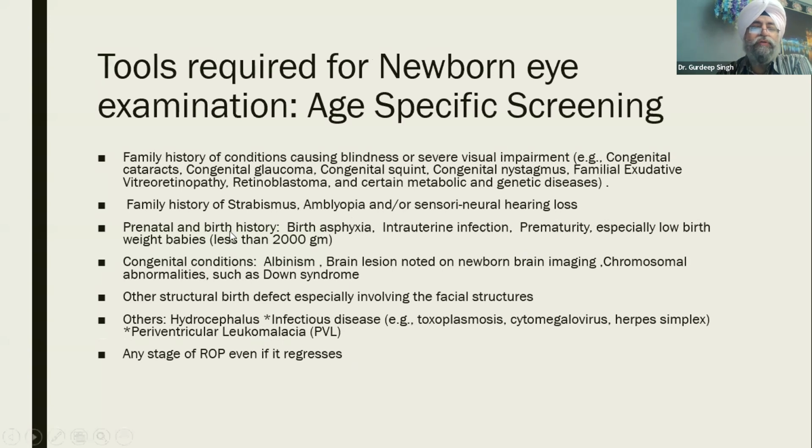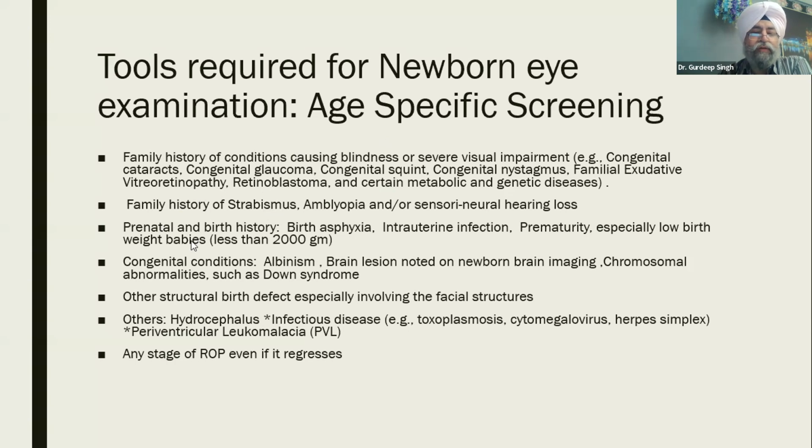So what are the tools required when we go for the history? We need the history of any kind of family disease which is causing severe visual impairment, either in the form of cataract or glaucoma or squint or nystagmus or retina related issues or any metabolic or genetic diseases. More related to pediatrics is the prenatal and birth history, especially asphyxia, intrauterine infection, prematurity.